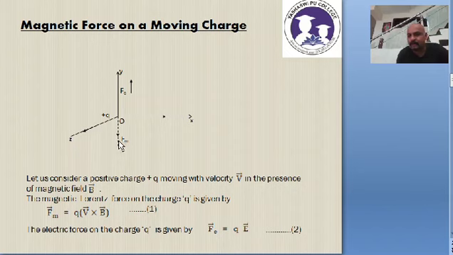Along the x-axis you have V, along the z-axis you have the magnetic field, and perpendicular to both is downwards. Downwards means opposite to the positive y-axis, so the magnetic force will act there.